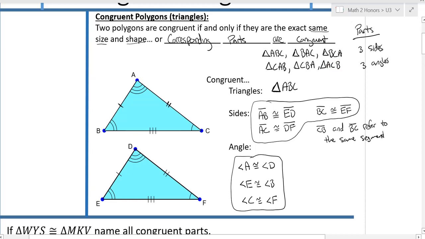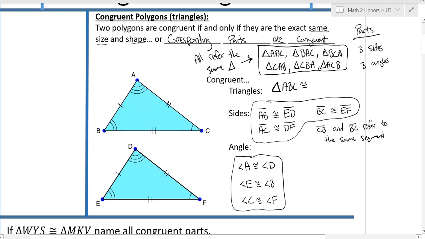So there's 6 different ways. All these refer to the same triangle. So when you're naming your triangle, you can pick one of those 6. It doesn't matter which one.